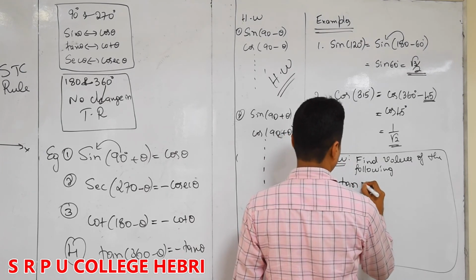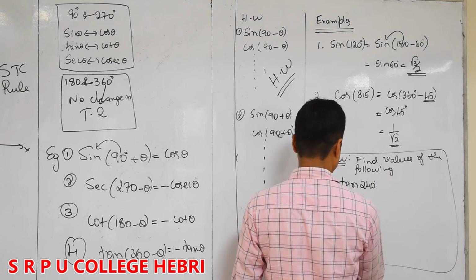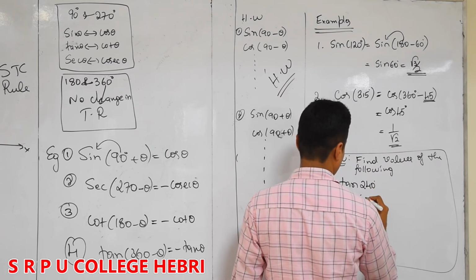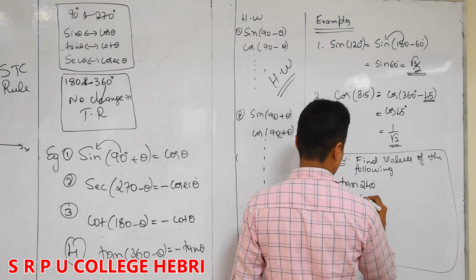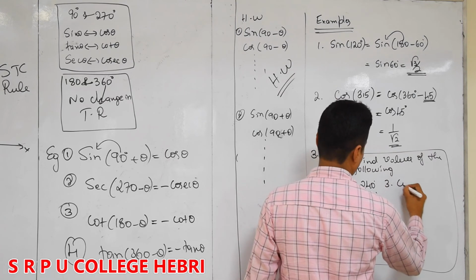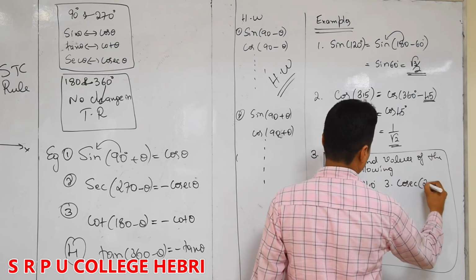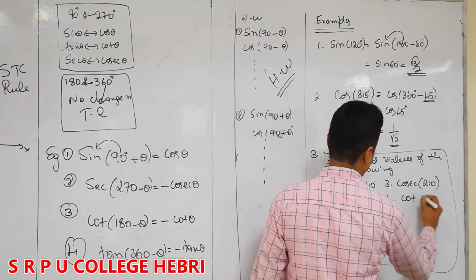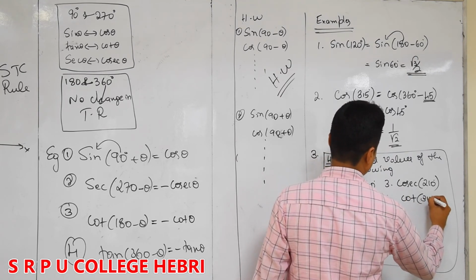Tan of 240 degrees. Second one, sin of 150 degrees. Third one, cosecant of 210 degrees. Fourth one, cot of 315 degrees.